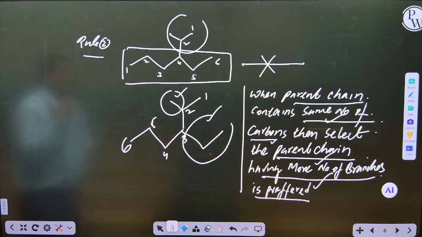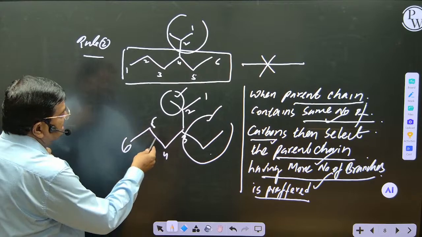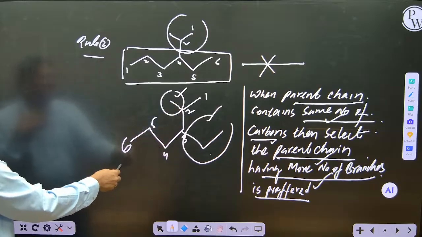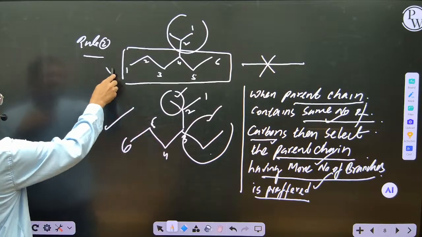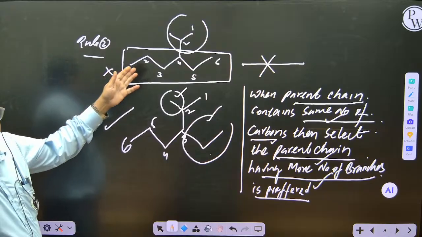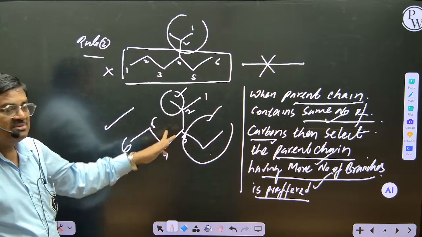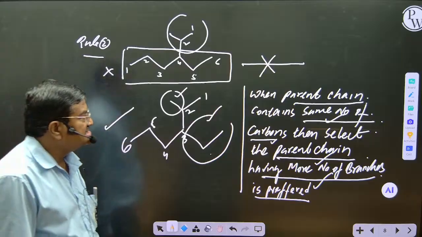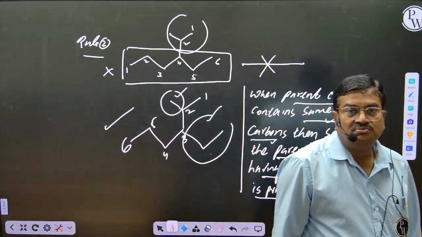So selection of the first one, straight, is wrong. Selection from top to bottom is correct. By selecting the first one we get only one branch, from top to bottom we get two branches. Clear, students? This is rule 2.